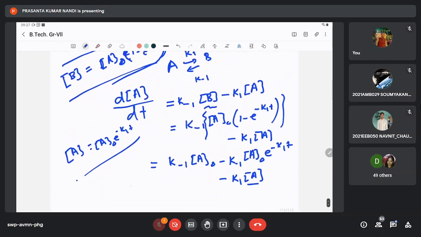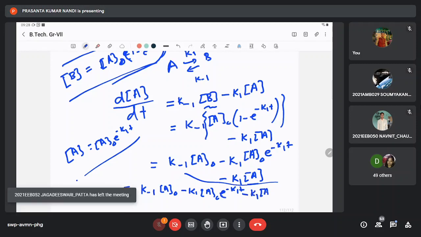Okay, so we can write k minus 1 A zero, minus k1 A zero into e to the power minus k1t, minus k1 A zero into e to the power minus k1t.